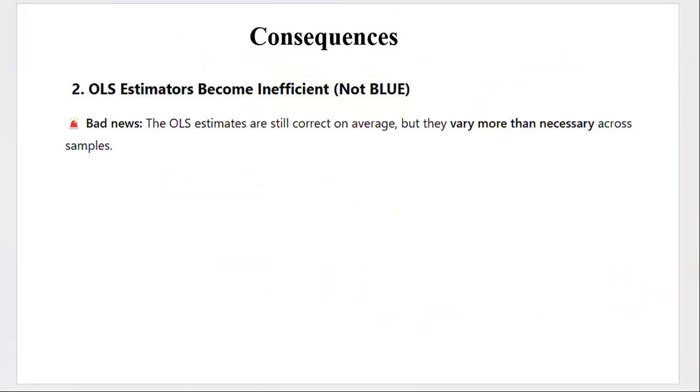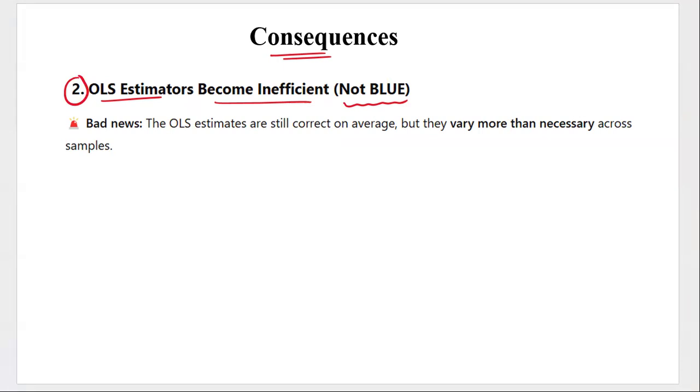Now the second and the most crucial thing, the main consequence, is that the OLS estimator will be inefficient now. It will not be BLUE, which means the variance of beta cap that you find will not be the minimum variance. As we proved in the homoscedasticity case, beta cap is the BLUE estimator of beta, that is, it is unbiased and has the minimum variance.